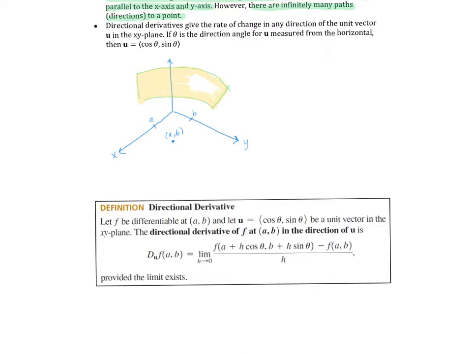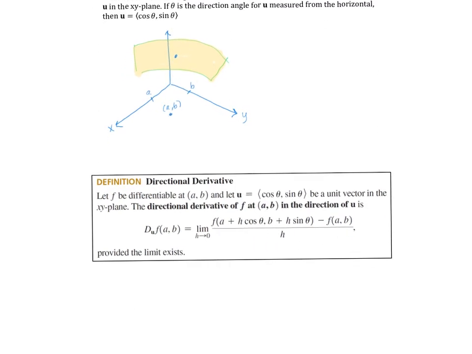If we look at that point (a, b), it's going to correspond to some point on our surface. So when we compute the derivative with respect to x, we're holding our b value constant. We're treating y as a constant. And what we're computing is the derivative with respect to x. So this is a direction parallel to the x-axis.